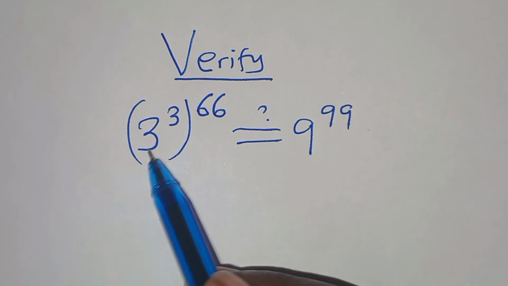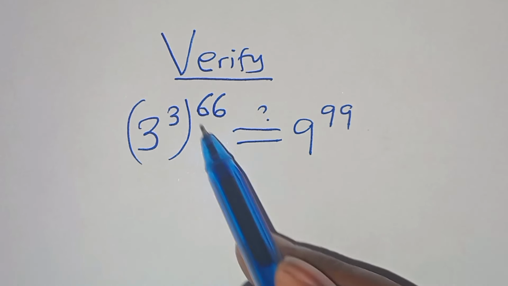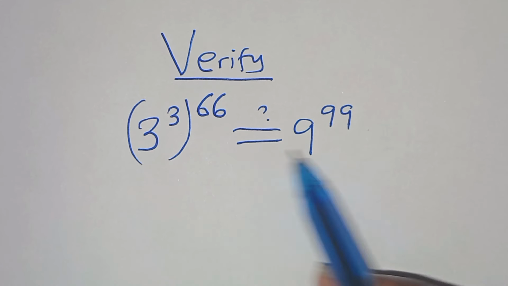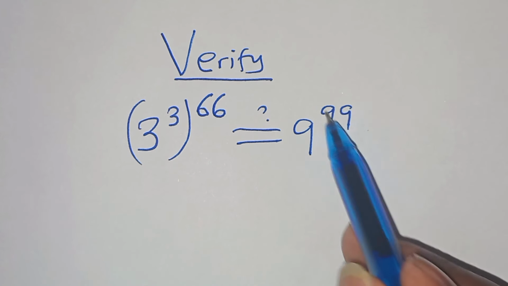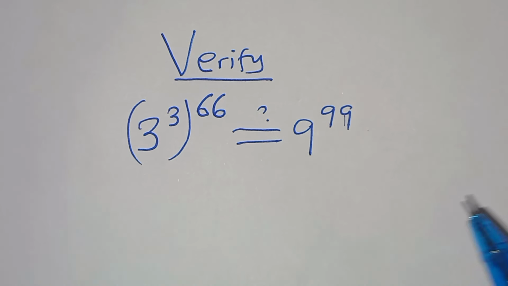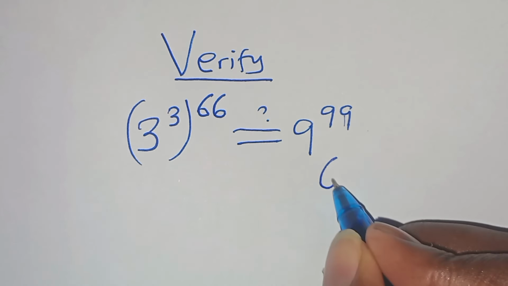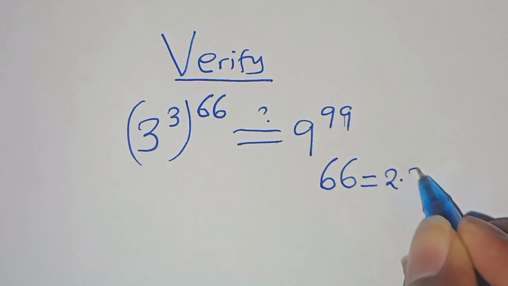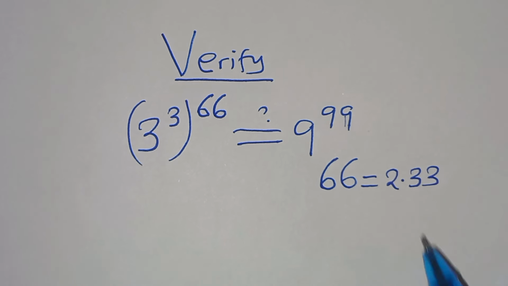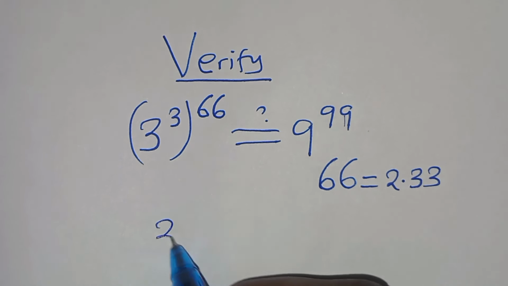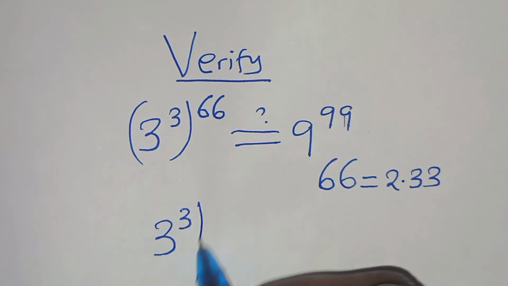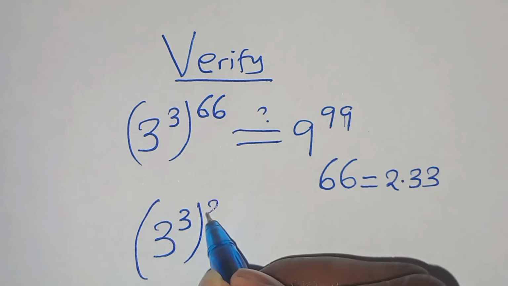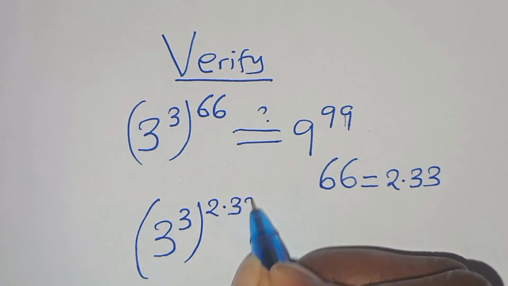So the next step is that we can express 66. This is the same thing as 2 multiplied by 33. Substituting this, we have 3 to the power of 3, then raised to the power of 2 multiplied by 33.